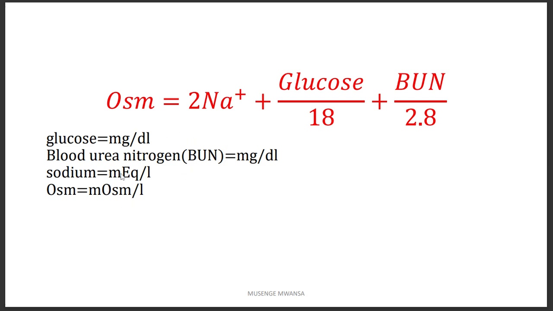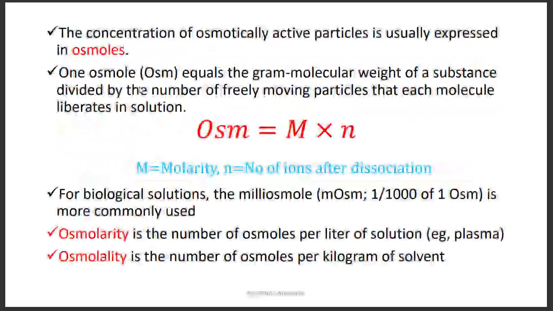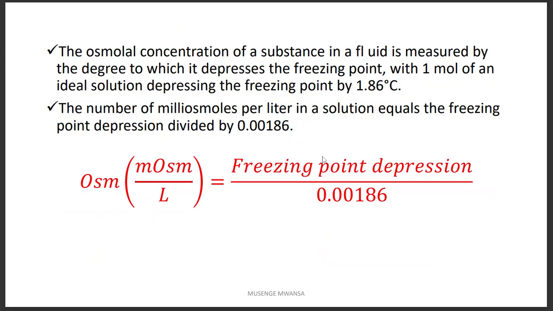So if they've not given us the concentration of these in milliosmoles per liter, then what formula are we going to be able to use to find the osmolarity? To find the osmolarity, we are going to use this formula. We'll get the concentration, we'll multiply by n, that is how many particles that substance is going to produce when it dissociates, and then we are going to divide by the concentration.